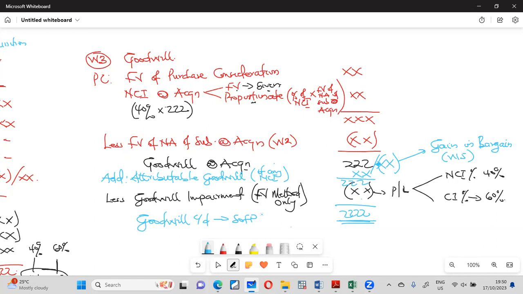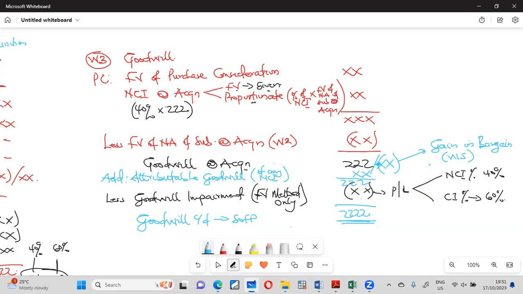We will pick up an example and we will do it. So first of all, I said that if you are using the full value method, the question will give it to you, and the goodwill will be attributable to both the parent and the subsidiary. So with the full method, the impairment you will spread it like that.